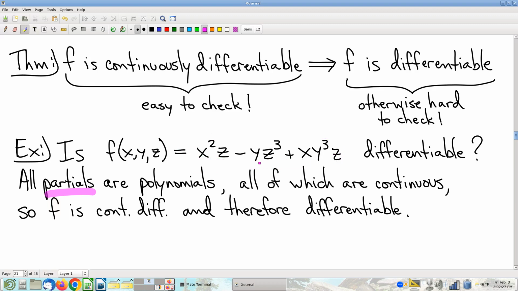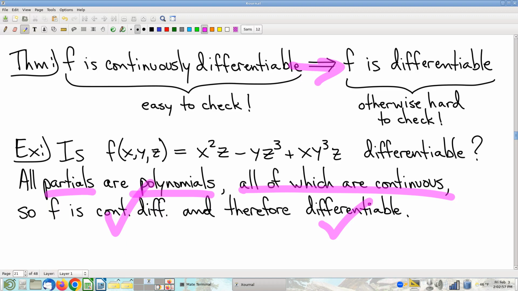All the partials are going to be polynomials. Polynomials are known continuous functions. So my partials exist and are continuous. My function is continuously differentiable, and therefore my function is differentiable. Didn't have to deal with any limits, didn't have to deal with any monstrosity fractions, nothing.